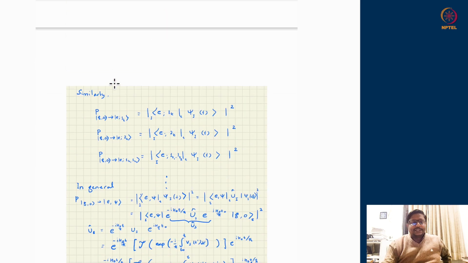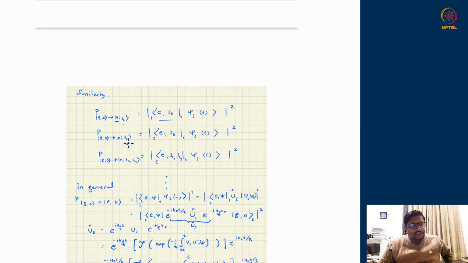Similarly, we can ask a different question. What is the probability that both the atom as well as the field get excited? The field gets excited to some excited state, let us say 1k. The same computation I will do, only the final state of interest will become E1k. I am asking the probability that the final state is 1k, not 0 for the vacuum.